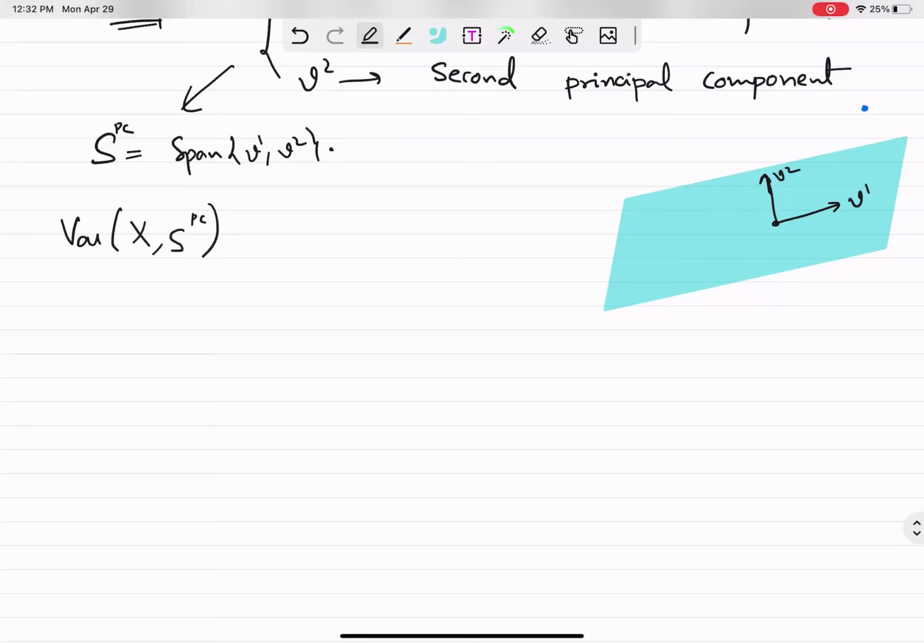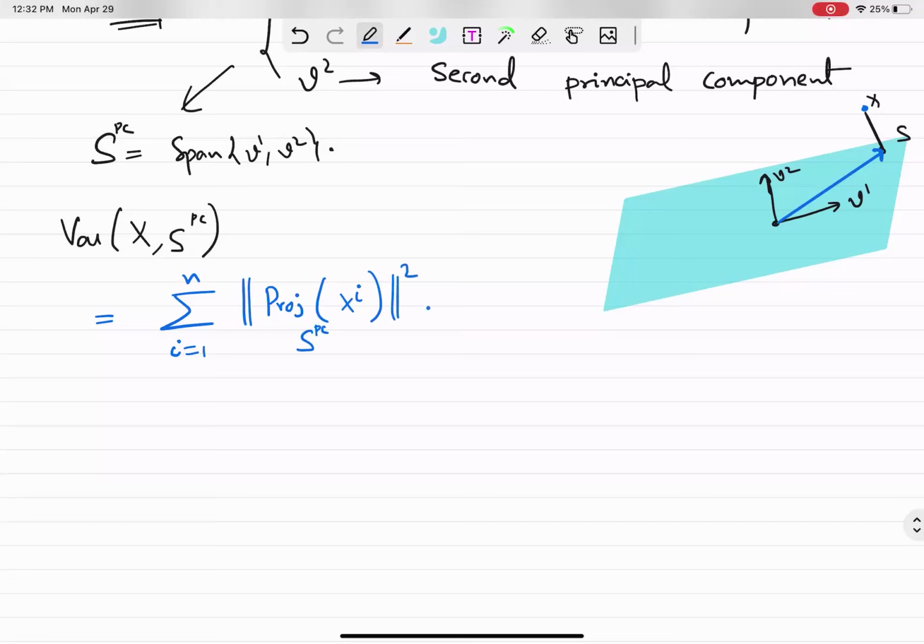Okay, so to compute this, I need to project this point X onto this plane and then look at, right, so this is going to be summation i equals 1 to n, the length of the projection of xi onto this.